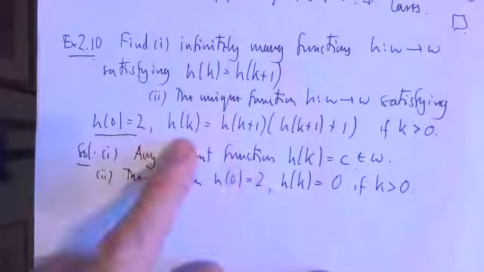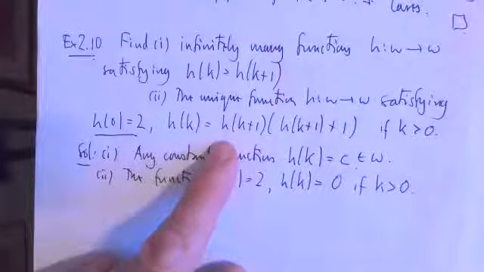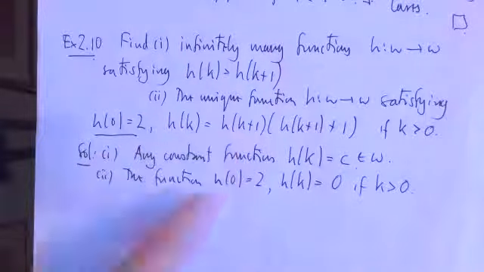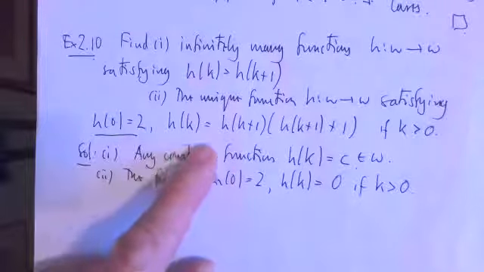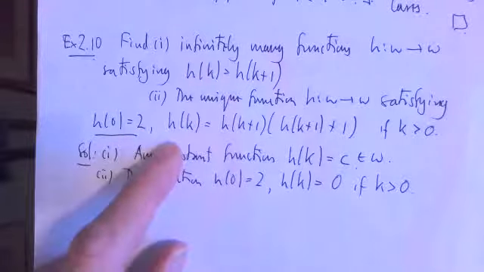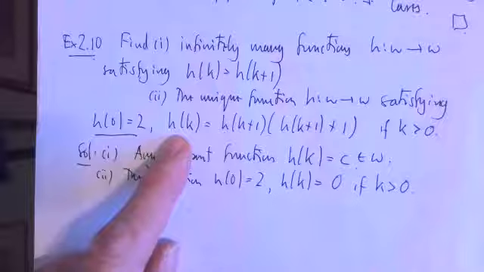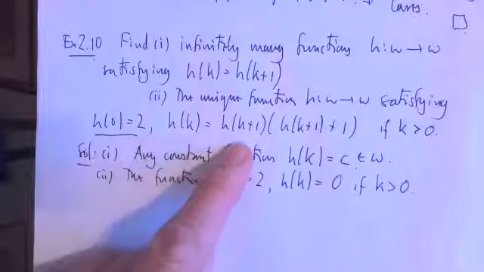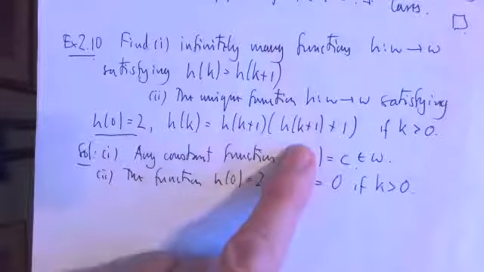If h of 0 is 2, this is supposed to be h of... so what would h of 1 be? Here, it has to be h of 2 times h of 2 plus 1.